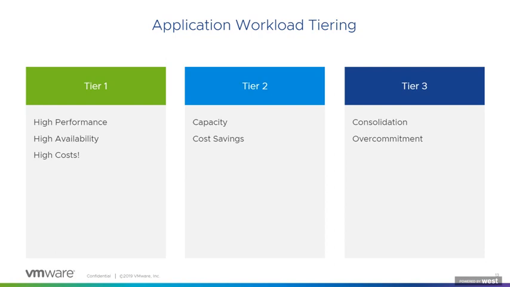For tier 2 workloads, that will be a major part of a workload in your SQL Server estate. That is where we would be looking for capacity and cost savings. And tier 3, that is where consolidation will be your primary goal. And we can also use some overcommitment while planning resources inside of VMware Cloud on AWS.